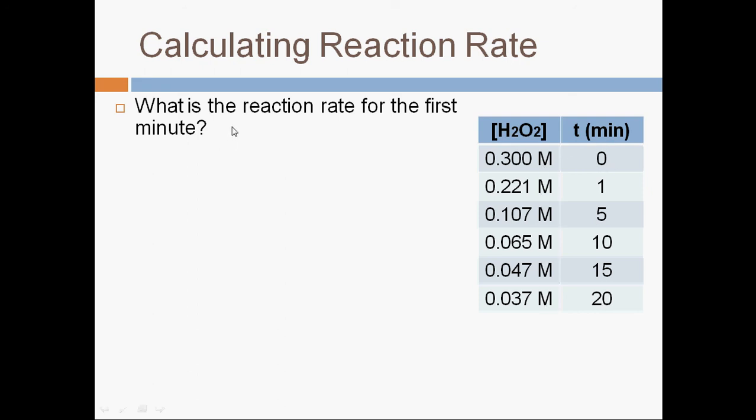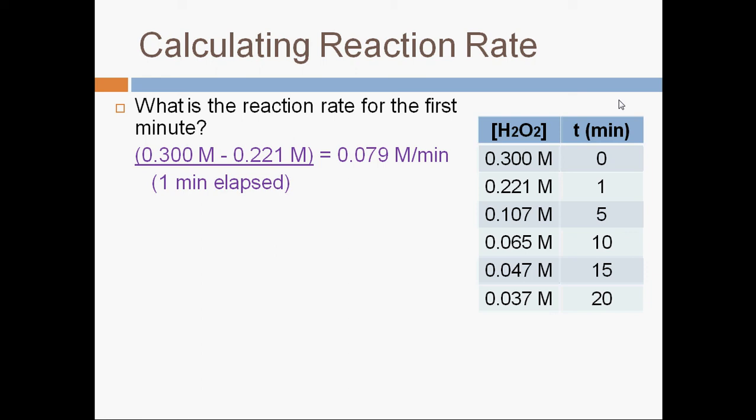So if we want to figure out the reaction rate for the first minute that we were collecting data, what we would do is we would calculate the change in concentration divided by the amount of time that had elapsed. So for the first minute, between 0 and 1 minutes, we saw a change from 0.3 molarity to 0.221 molarity.